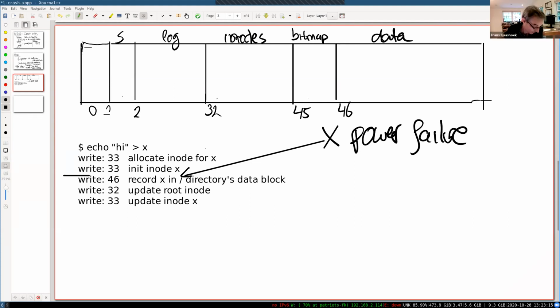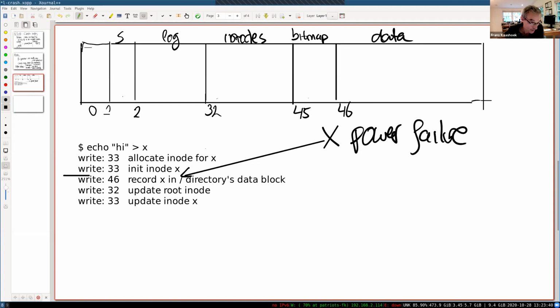Go ahead, Brendan. Does that mean we lose this block? It seems like it's populated, but it's actually not. Yeah, correct. I think we're not losing the whole block, but we lose the inode X, right? The inode X that was allocated, or that is marked as allocated on disk, but we have not succeeded in putting it in any directory.